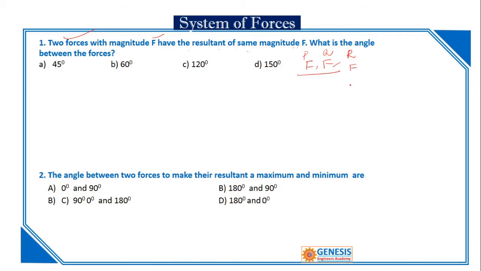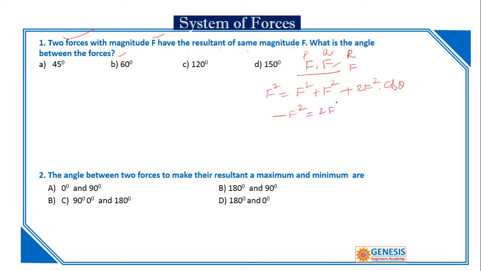F square is equal to F square plus F square plus 2F square cos theta. You got my point? So this becomes minus F square is equal to 2F square cos theta. Then cos theta is equal to minus half if you carry out all these things.